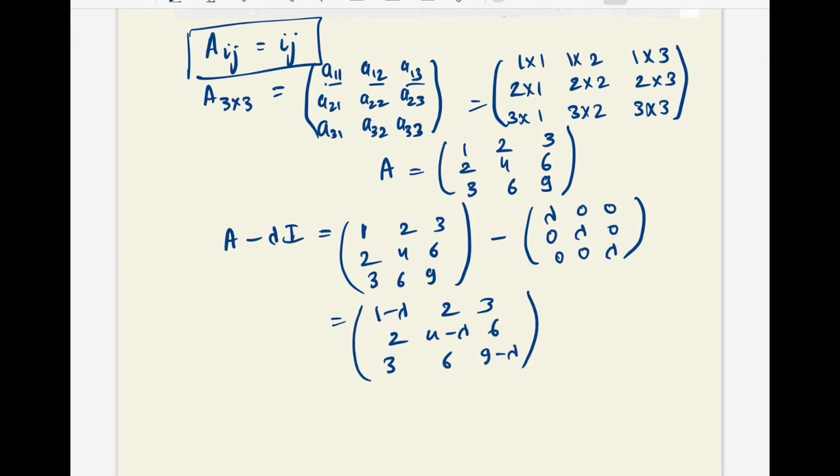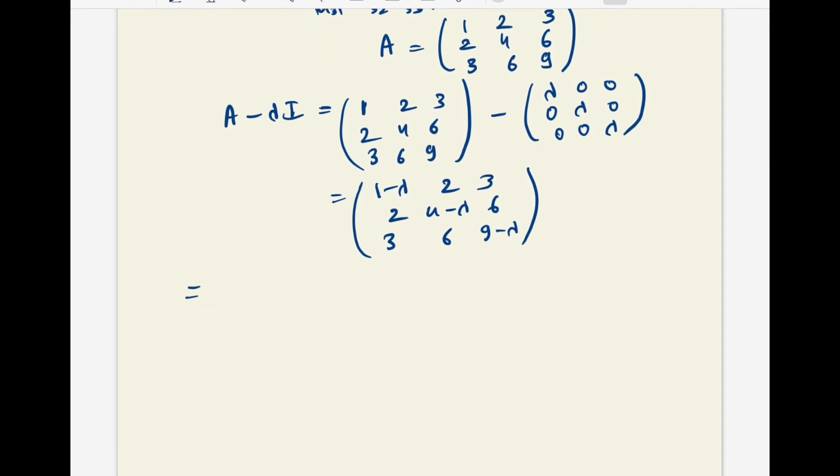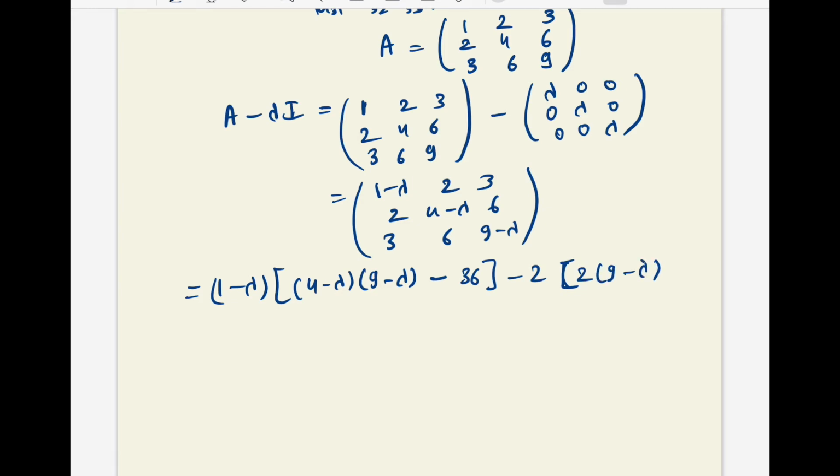Now we will determine the eigenvalues. We are multiplying: 1 minus lambda times (4 minus lambda)(9 minus lambda) minus 36, minus 2 times (2 times (9 minus lambda) minus 18), okay, I hope I am correct. Next part, plus 3 times (12 minus 3 times (4 minus lambda)).